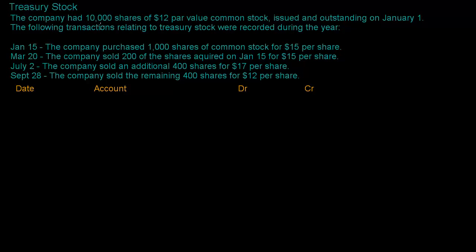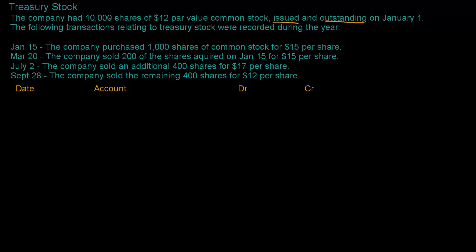So let's see, the company has 10,000 shares of $12 par value common stock issued and outstanding on January 1st. Now, why is it important to know that they have 10,000 shares issued and outstanding? Well, remember, issued shares are shares that are out in the marketplace, and outstanding shares are shares that are owned by the public, not owned by the company.